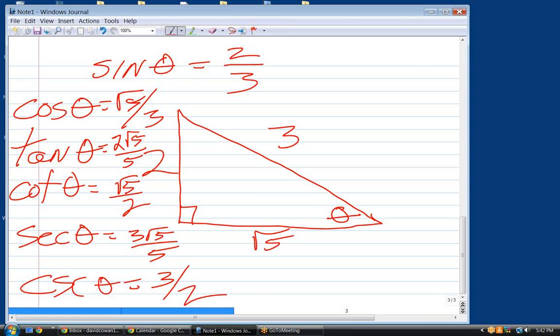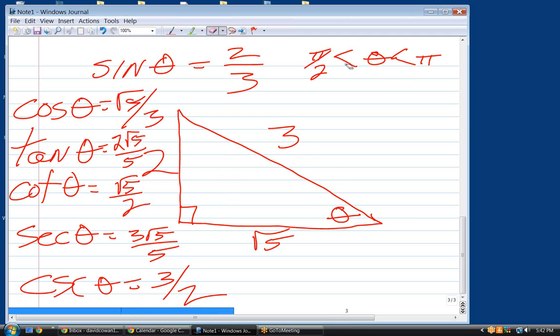Now, once you discover the second, third, and fourth quadrant, these problems always come with a statement that theta is in the second quadrant. Or they'll say theta is greater than pi over 2 and less than pi, which places it in the second quadrant. Now, the only difference in solving this problem as opposed to the one you gave me is that the one you gave me was all in the first quadrant, so I didn't have to worry about the signs on any of these answers.